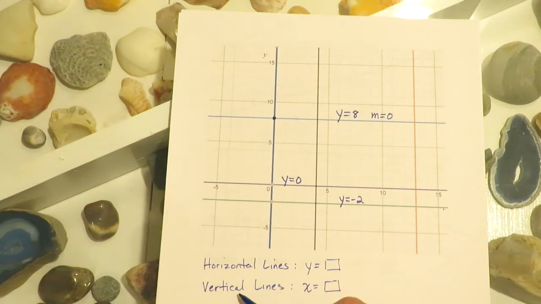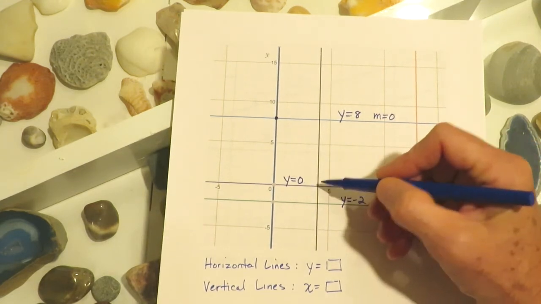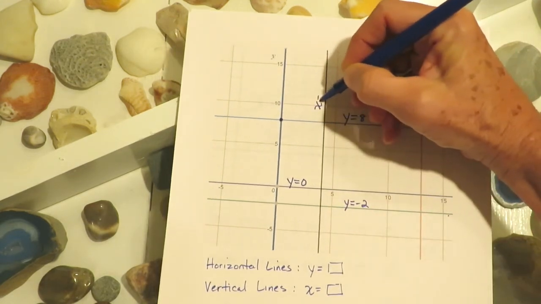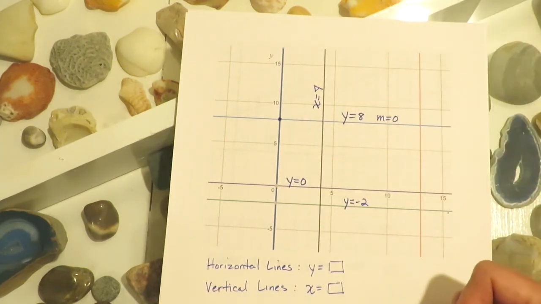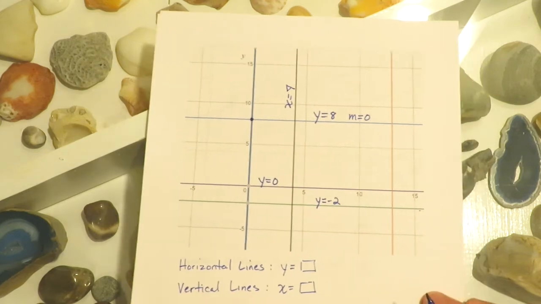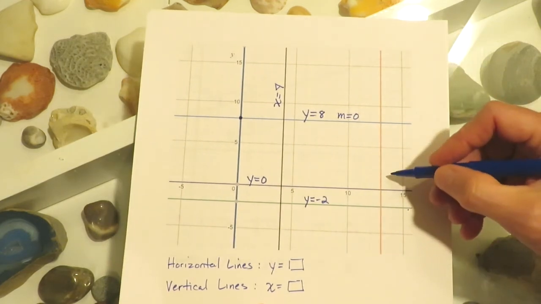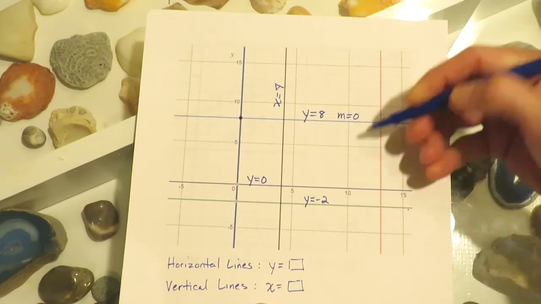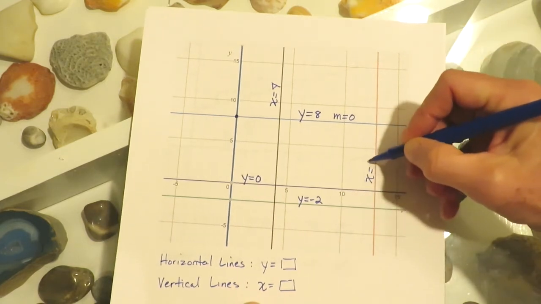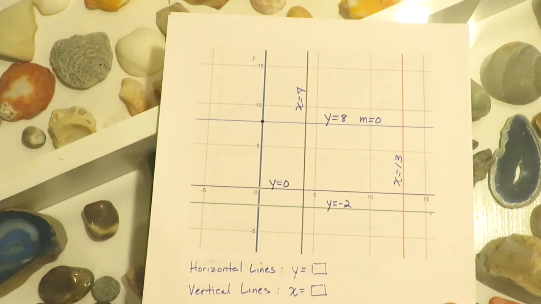Now, if your line's vertical, then x is the same number. That's what makes it vertical. So for example, here it looks like x is equal to 4. All the x's on that line are 4, so we're just going to write the equation x equals 4. Here we have, well, it looks like 11, 12, 13, so x is equal to 13 everywhere on that line.